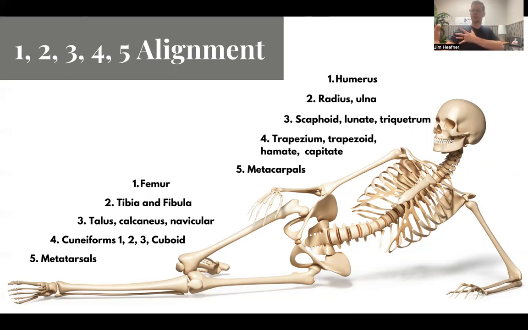So we need to be stable through the most proximal joints, and that's why there are fewer bones there. And then we need to be more mobile or more dynamic as we get further away from our body. So the shoulder needs to stabilize so the hand can be used for prehensile and grasping type activities. And that setup is the same for the upper body and the lower body.